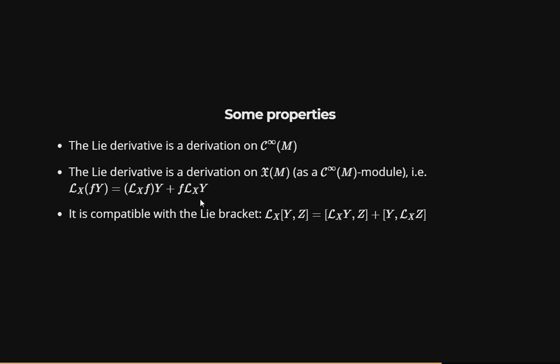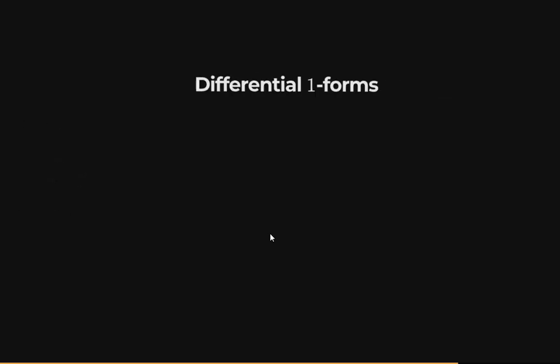It's compatible with the Lie bracket, so if you take the Lie derivative of the Lie bracket, it distributes, and it's compatible with differential. Now, you actually don't know what this part is, so we will be seeing it now, very briefly.